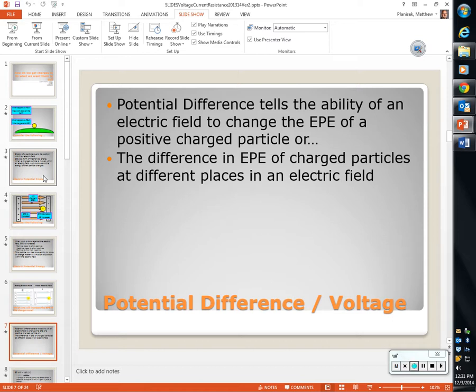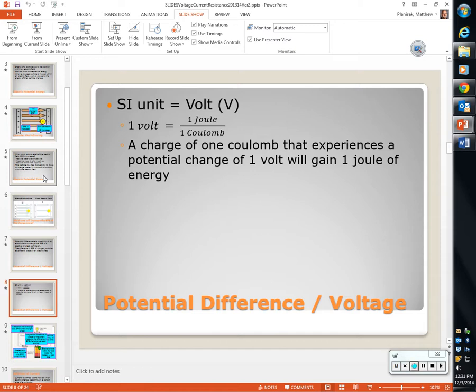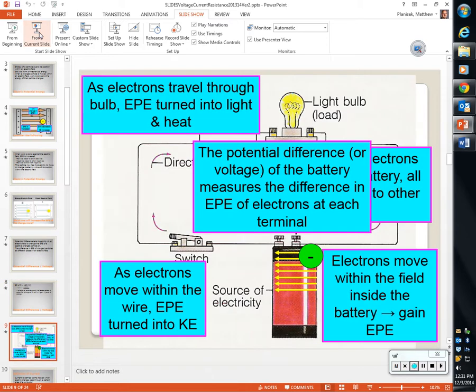That's what the voltage tells us. It tells us about energy, and specifically about changing energy. Good so far? Did we get these things? The definitions of what a volt is and stuff like that? Okay. So, let's go here.